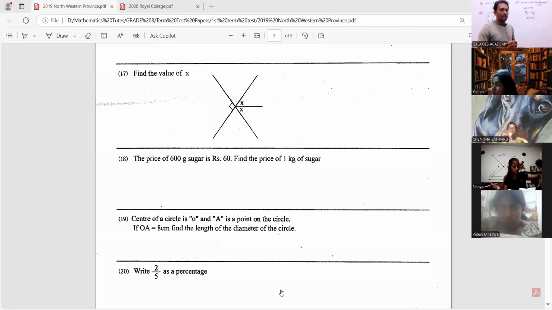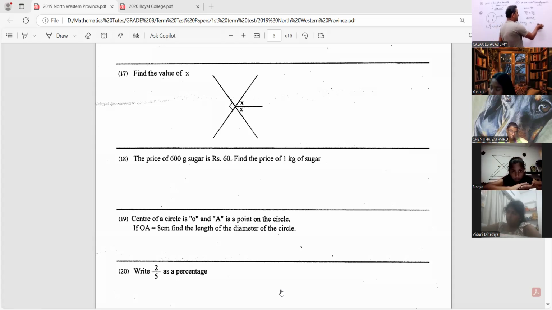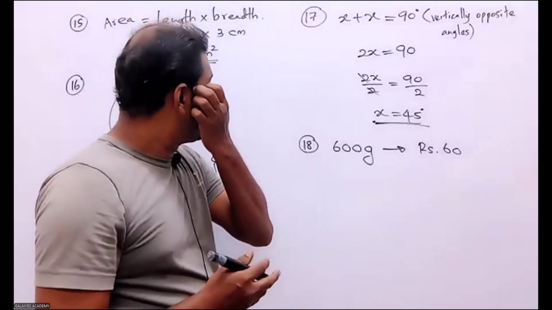Right, number 18. The price of 600 grams of sugar is 60 rupees. Then you have to find the price of 1 kilogram of sugar. How can you find it?